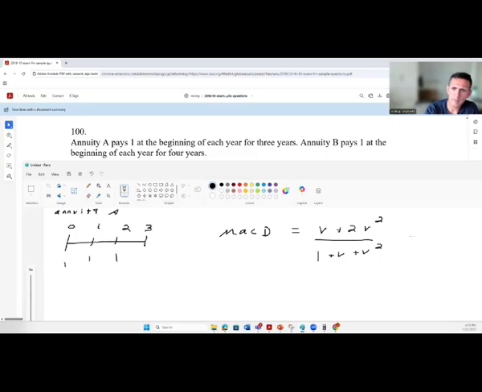And we're given this equals 0.93. So let's just go with this here. So you have v plus 2v squared equals 0.93 times 1 plus v plus v squared.